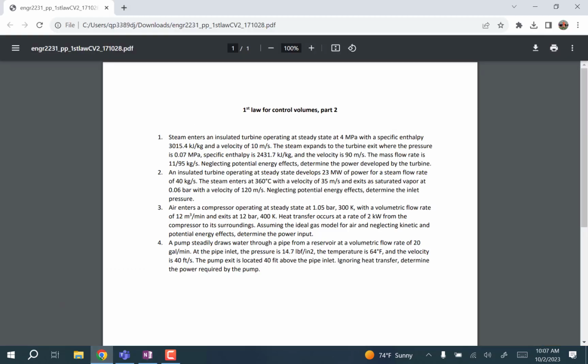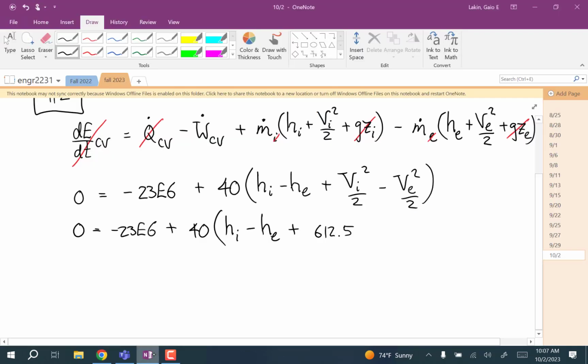And then at the exit, it's 120 meters per second. So that's minus 7,200. Okay, well, we're getting close. We have two variables.